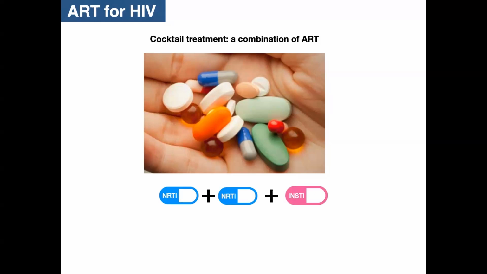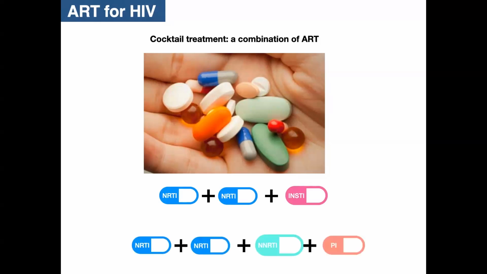For example, we can prescribe a combination of 3 drugs, 2 of them from the NRTI class and another one from INSTI. Another example could be 2 NRTI drugs, 1 NNRTI drug and 1 PI drug. So essentially, it's a cocktail approach. It's kind of a standard practice for treating HIV patients right now.